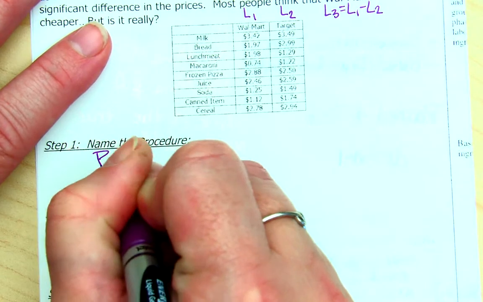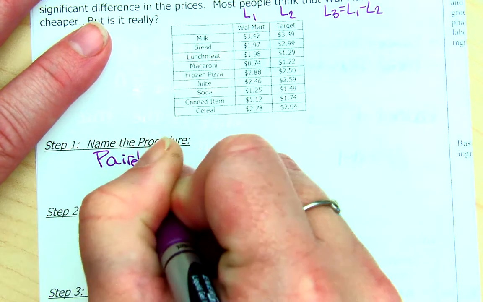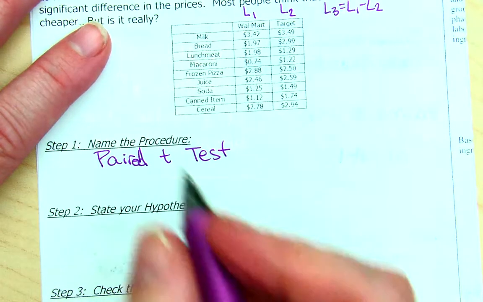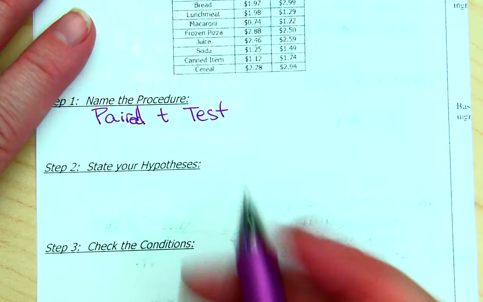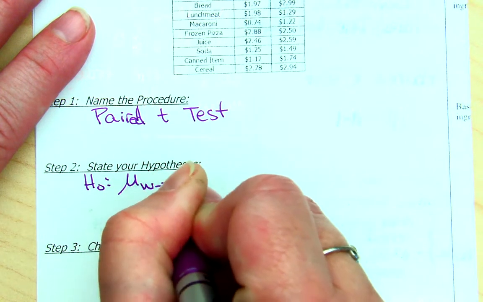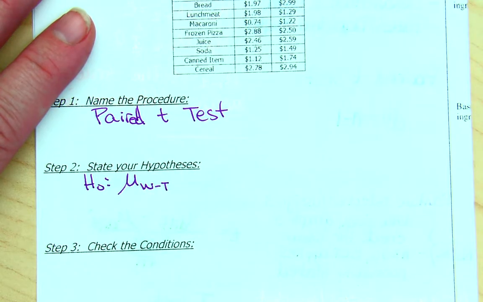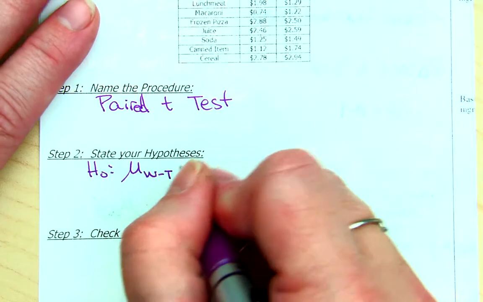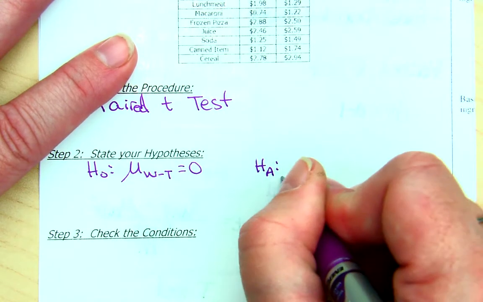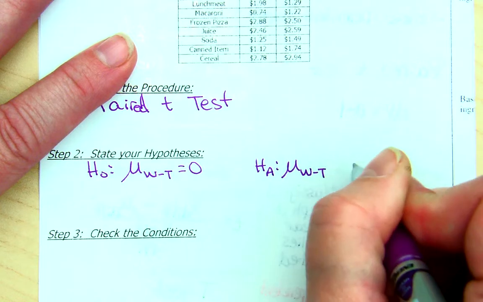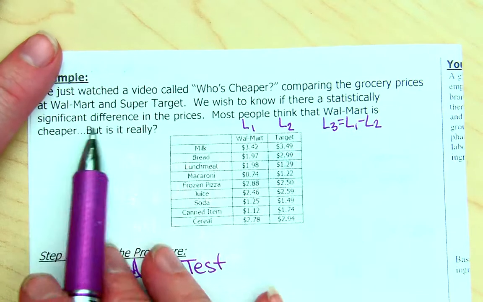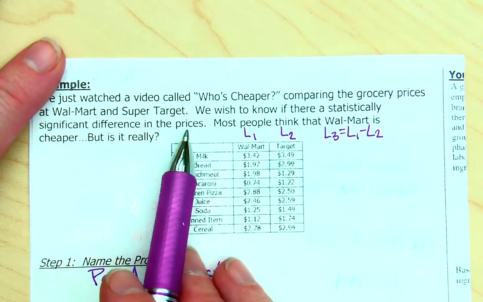We're going to do a paired t-test. And our hypothesis: I'm going to do W minus T for Walmart minus Target, since that's how we subtracted for L3, equals 0. And then HA, we go back up and look at our problem. We want to know, is there a difference in prices?